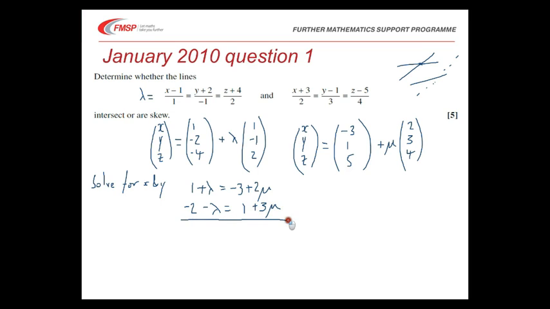I can then solve those by adding them together, and I get negative 1 is negative 2 plus 5 mu, which gives me mu is a fifth.